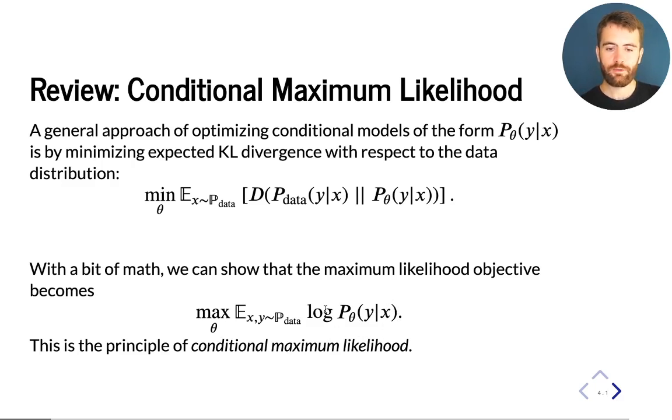If you look at this a little more closely, we are training the model to put high probability on examples that come from the data distribution, and so our model will assign high probabilities to samples that come from the data distribution.